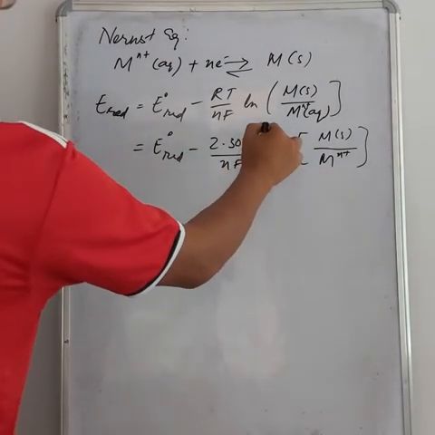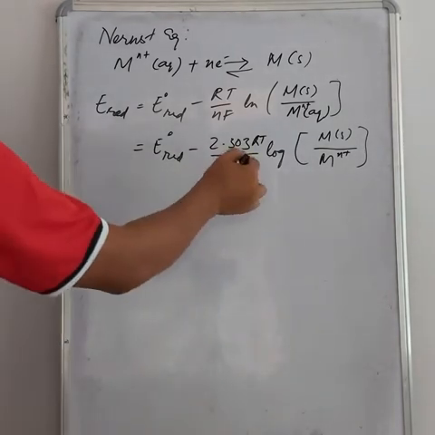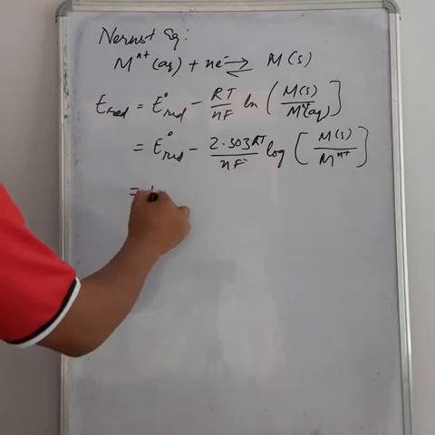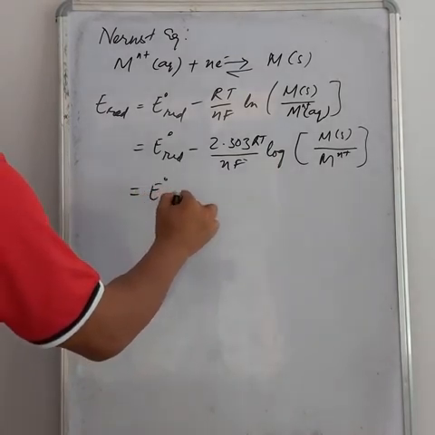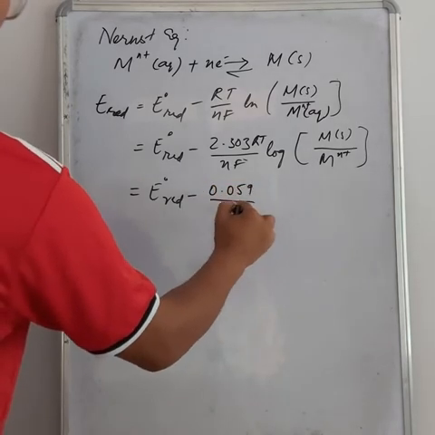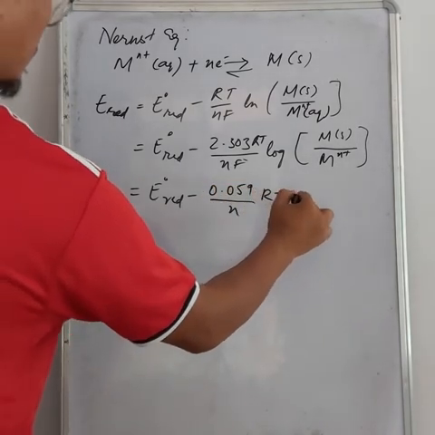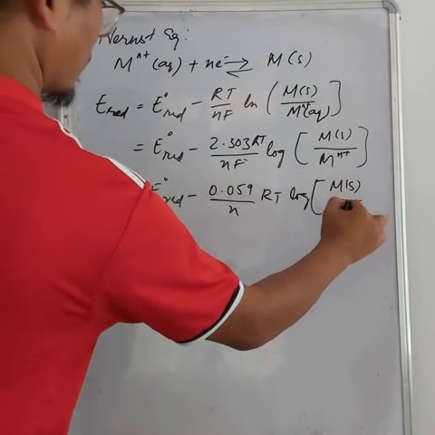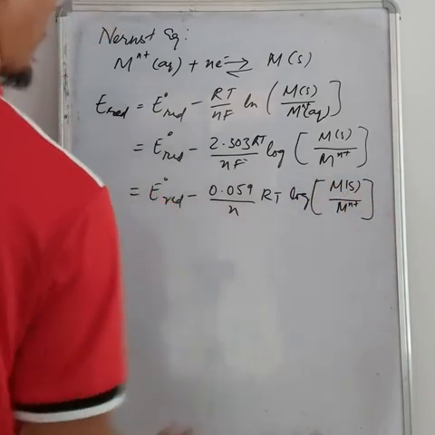And we can further reduce this by plugging in the value of the Faraday's constant. E reduction equals E naught minus 0.059 over n log of 1 over M^n+.